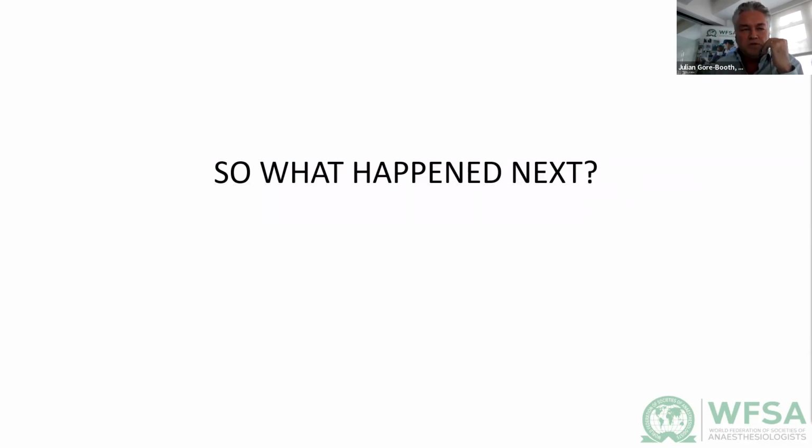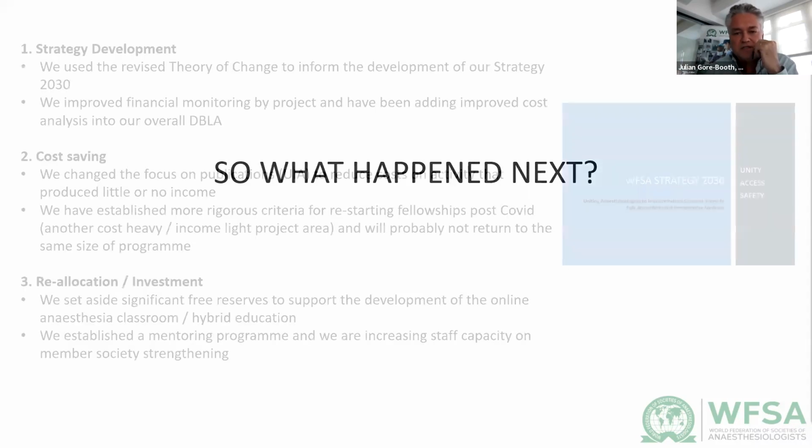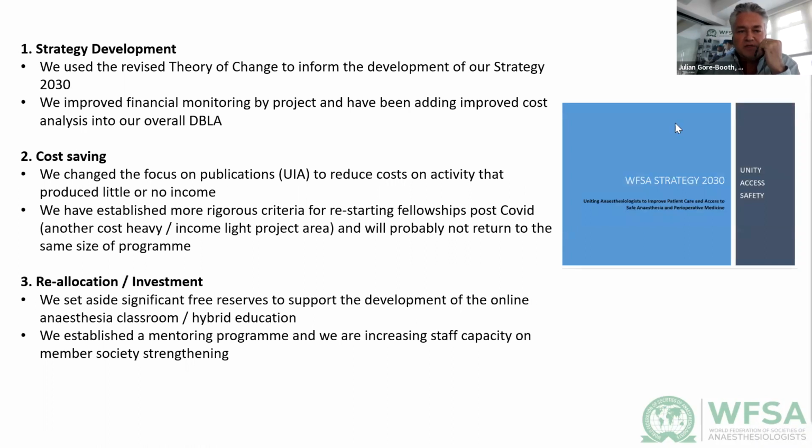So what did this all mean, and did this have any impact on the organization? I think it absolutely did. And in the next slide, I'll just explain some of the things that we've done with this, or some of the decision making that has happened since. So in terms of strategy development, we used the revised theory of change. So we built another one.